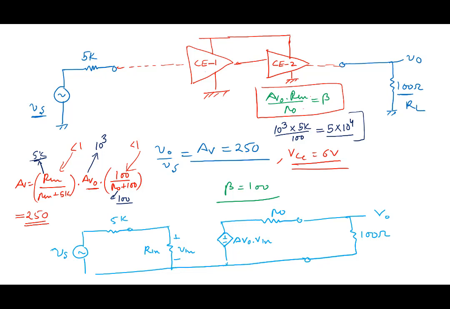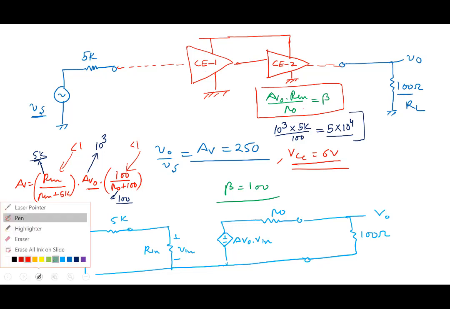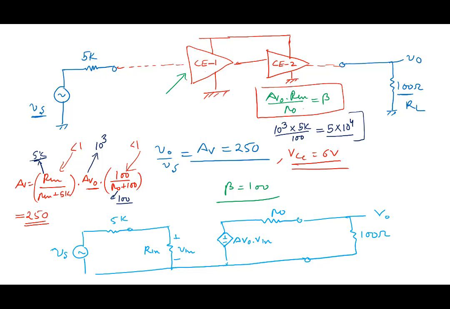So when you look at the first stage, what should I try to do with it? Maybe I should try to get a large input resistance, because when you build an amplifier, you get a loss of Rn by Rn plus 5K as it goes through. So maybe you should try and use a large Rn in this stage.